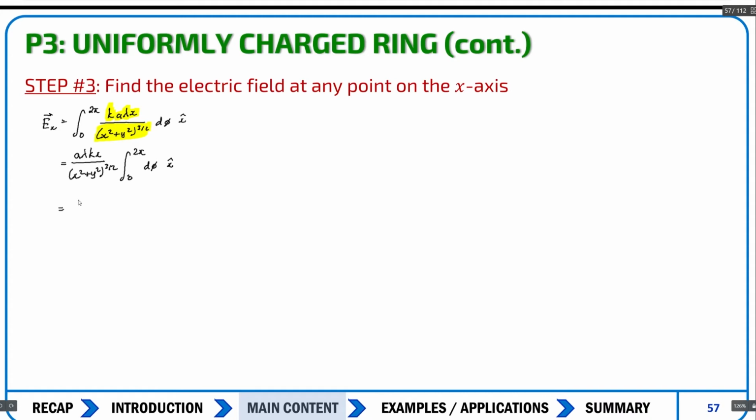That's just simply going to be a lambda kx over this. And the integral of 1, because we can assume there's a 1 in here, is just going to be theta. So we now have theta from 0 to 2 pi in the x hat direction.